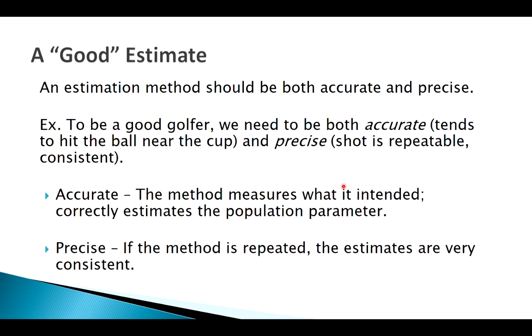A precise one would be, the more I repeat this process, or the more samples that I take, do these statistics look to be similar, look to be the same? Right? So accuracy, is my statistic close to the actual value of that parameter? Precision, the more I repeat this, how similar are my results?